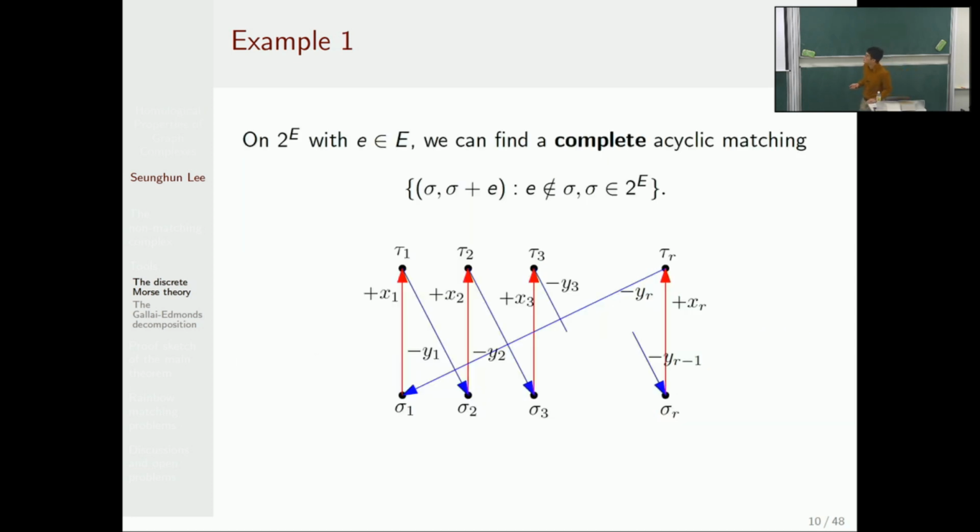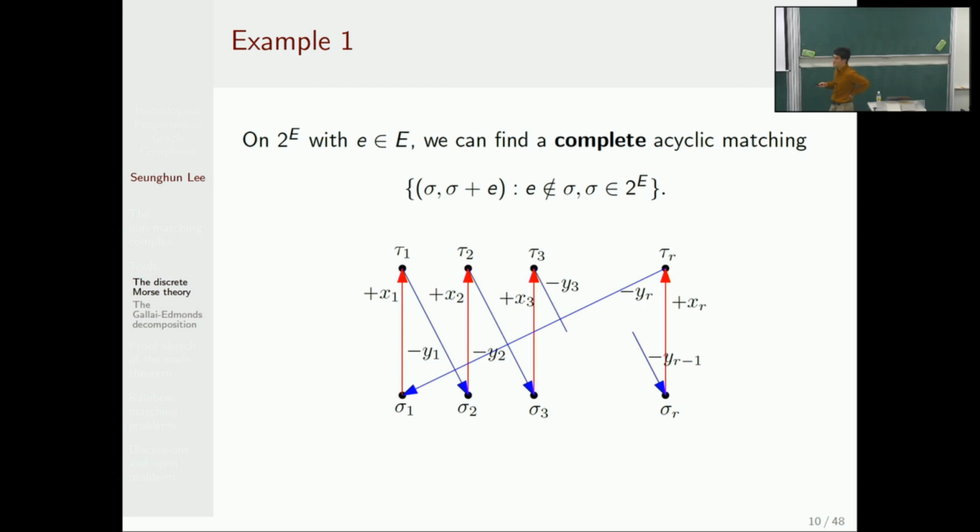Okay, so I'll go to this example again. How can we show that this matching is acyclic? There is an elementary simple criterion which is called the cycle lemma, and it can be stated as follows. Suppose that the directed graph DKM is not acyclic.